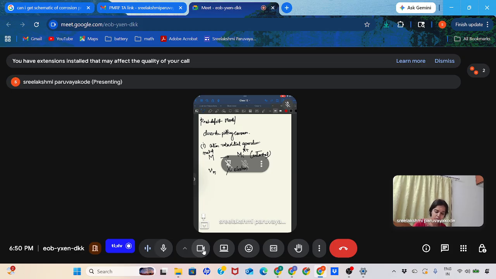So this will be contributing to current, and this is not causing an increase or decrease in the film thickness. It's not causing film formation or destruction. So it's kind of a conservative reaction. I have the metal, it becomes M^chi+ plus the vacancy plus electrons.